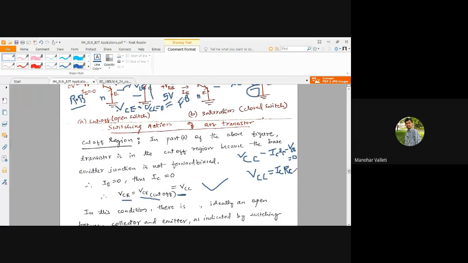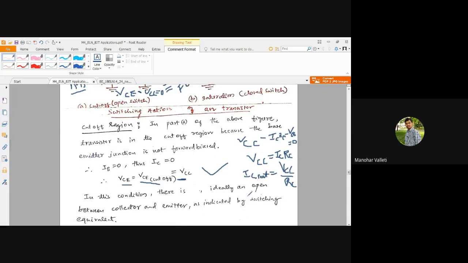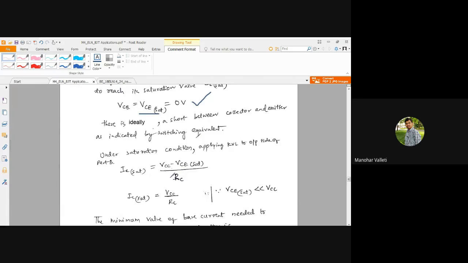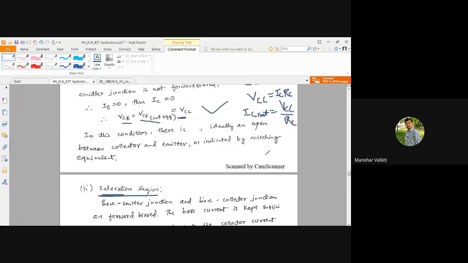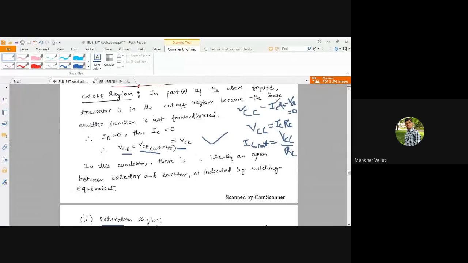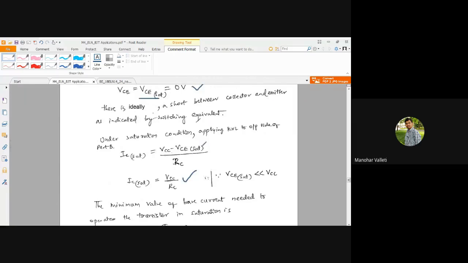The current flowing in the saturation region is IC sat. So IC sat equals VCC by RC. From this equation we can write IC equals VCC minus VCE sat by RC, but as you know VCE sat is 0 volts, so we can write IC sat equals VCC by RC.